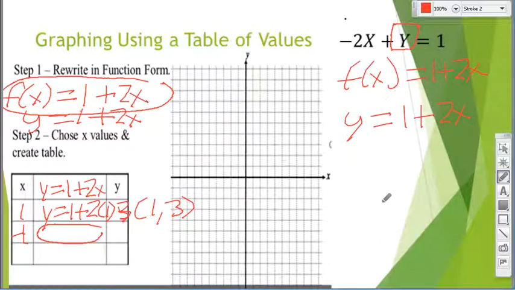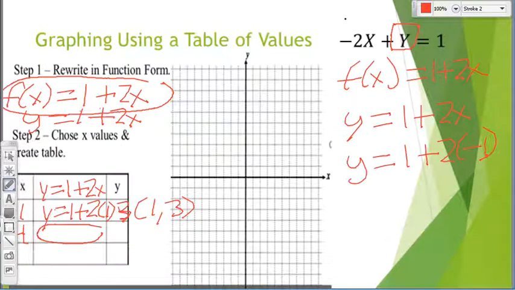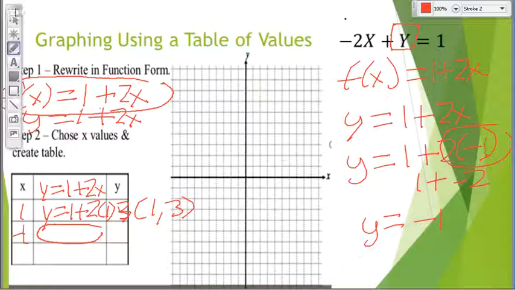So if we want to figure out what the y is when the x is negative 1, we take our equation, and instead of the x, we're just going to plug in negative 1, and then solve for the y. So 2 times negative 1 is negative 2. We always do the multiplication before we do the addition. Negative 2 plus 1 is negative 1. So when the x is negative 1, the y is also negative 1.